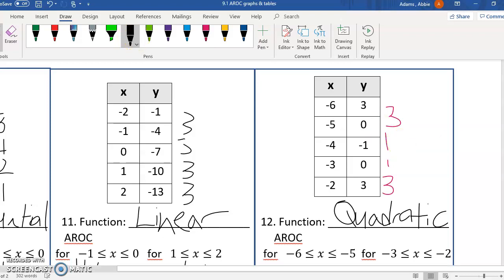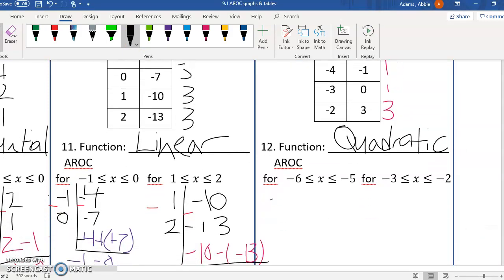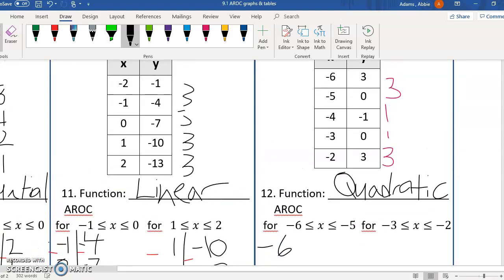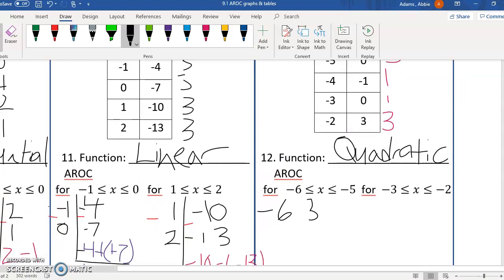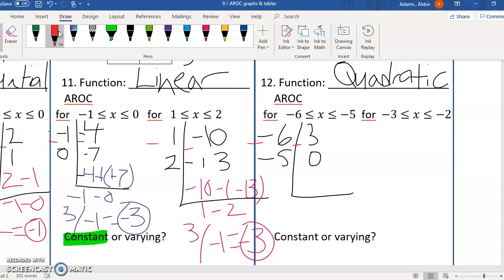And let's find my average rates of change. So when x equals negative 6, y equals 3. And when x equals negative 5, y equals 0. Let's solve for the average rate of change there by finding my differences in my x and y values.